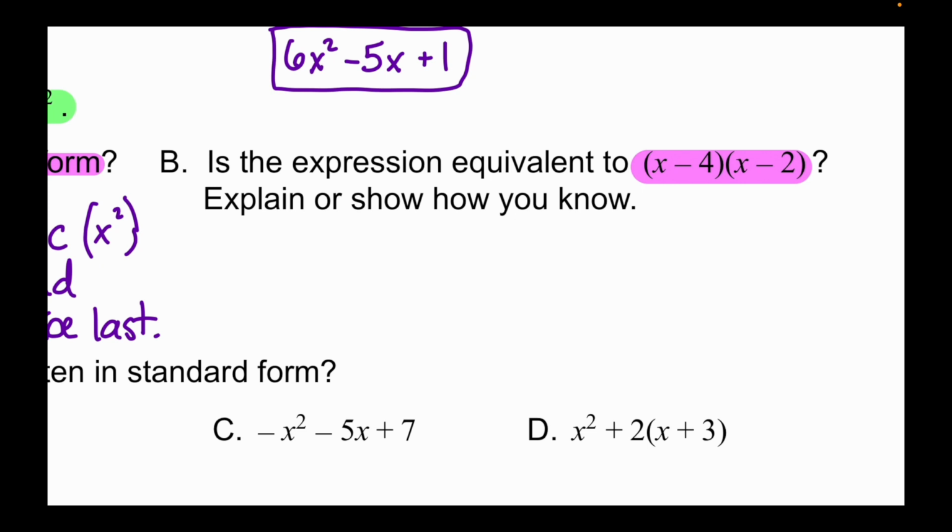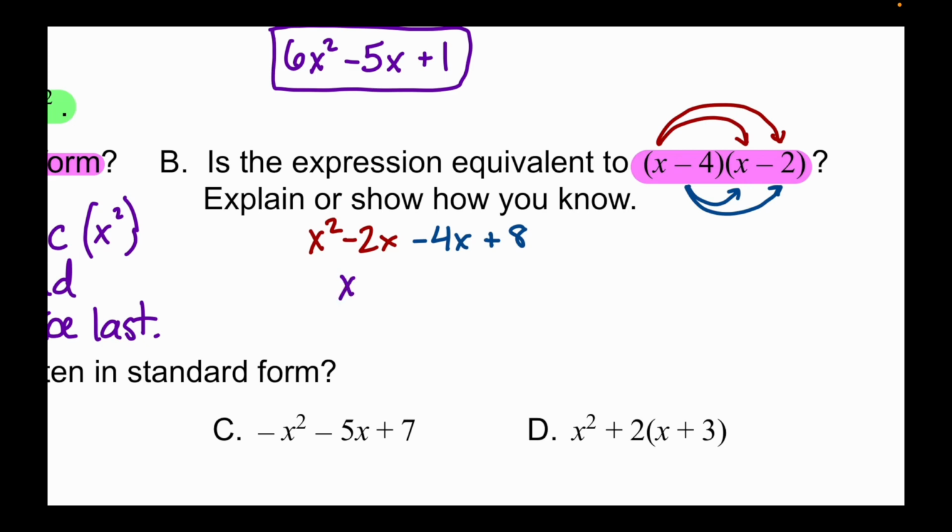And I'm going to use kind of just the double distribute method. I'll do that in 2 colors still for the time being. So we'll do these first, x times x, and then x times -2. So we'll have x squared minus 2x, and we'll have minus 4x and plus 8.